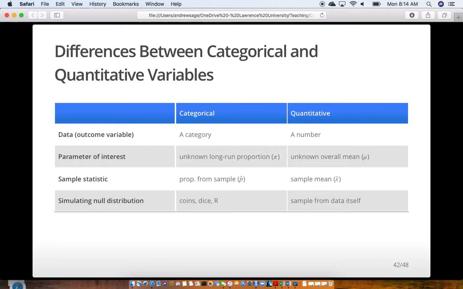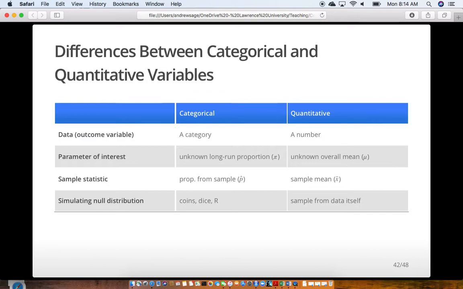For example, the proportion of all Americans who favor riding in self-driving cars. In a quantitative situation, we're interested in an overall mean, such as the mean mercury level in all lakes. Likewise, the sample statistic will be a proportion which we denote p hat in a categorical problem, or a sample mean denoted x bar in a quantitative situation.